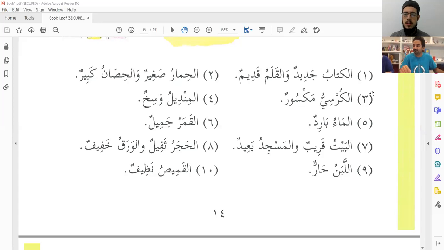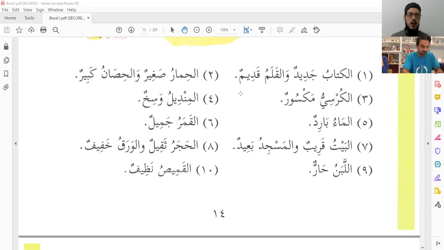The basic idea, which we had said last time, was that when it comes to jumla ismiya, sentences that begin with an ism, the author of the book had started us off with the easiest type of jumla ismiya, which was using a demonstrative pronoun, hada, dhalika, and then some sort of object or person, so that we're just talking about this is something, this is a cat, this is a dog, this is a horse, and so on and so forth.